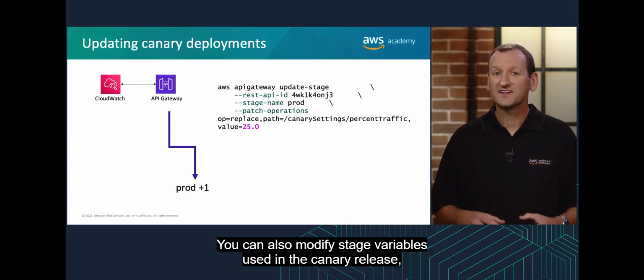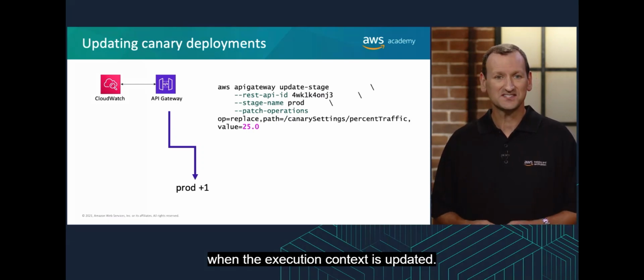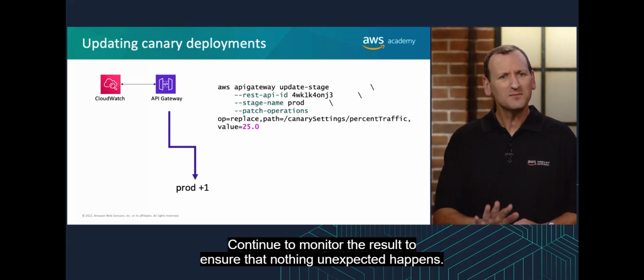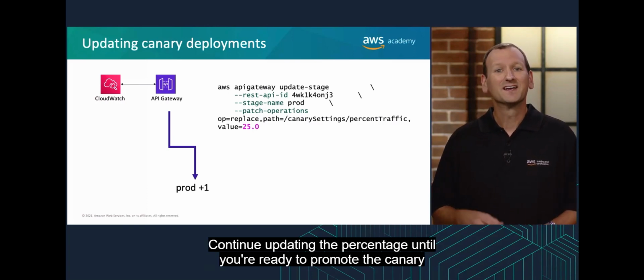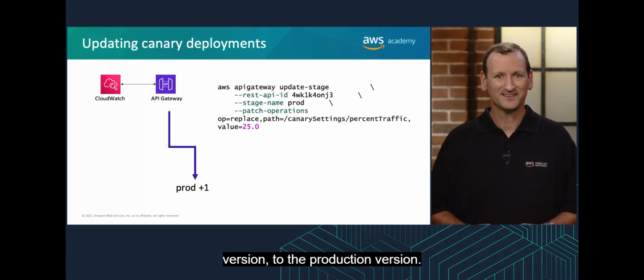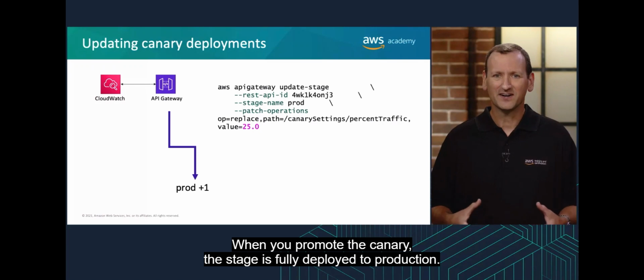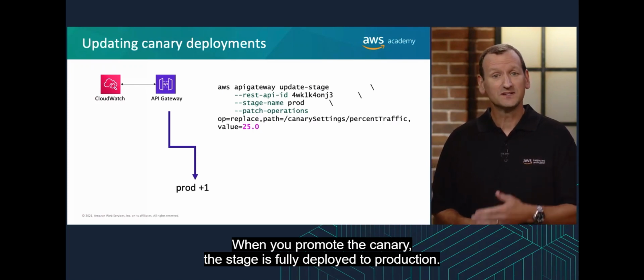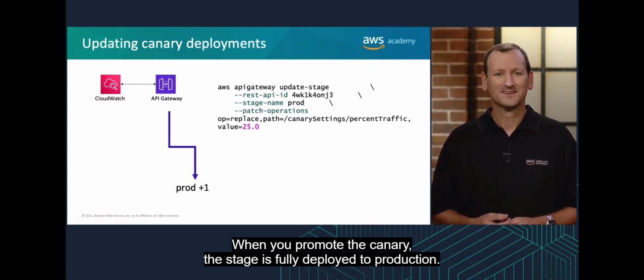You can also modify stage variables used in the canary release when the execution context is updated. Continue to monitor the result to ensure that nothing unexpected happens. Continue updating the percentage until you're ready to promote the canary version to the production version. When you promote the canary, the stage is fully deployed to production.